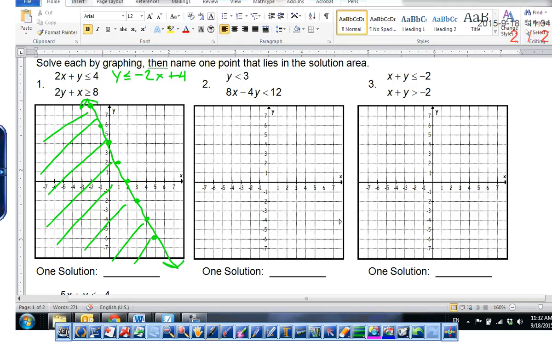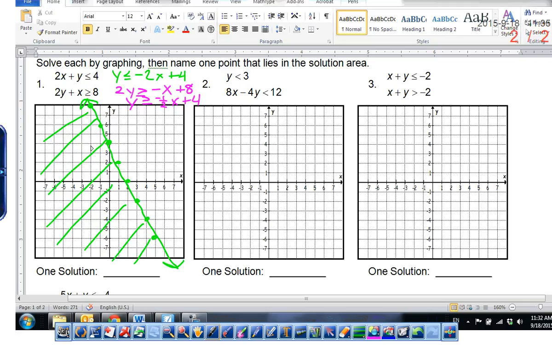Okay, let's go ahead and do the second one. I would move over the x, so I would have 2y is greater than or equal to negative x plus 8. So then y is greater than or equal to, when I divide negative x by 2, I get negative 1/2 x plus what? 4.